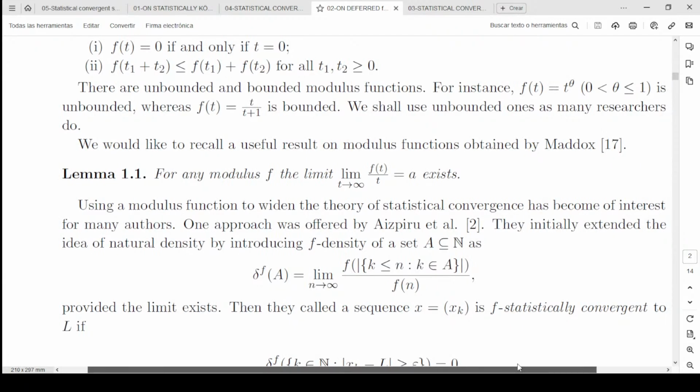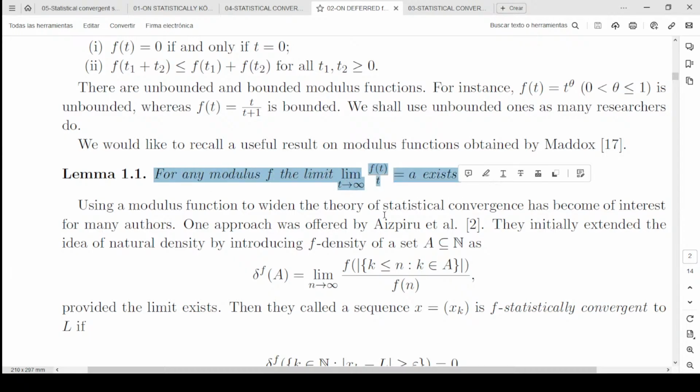This is a very crucial property of modulus functions obtained by Maddox. For any modulus f, the limit of f of t over t exists.